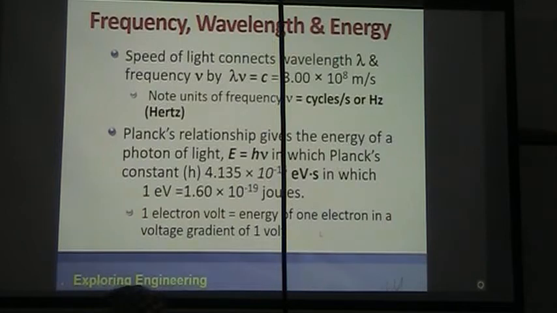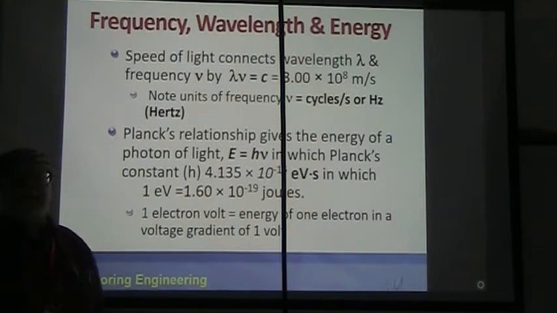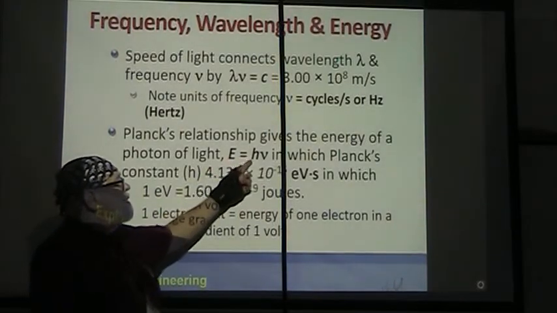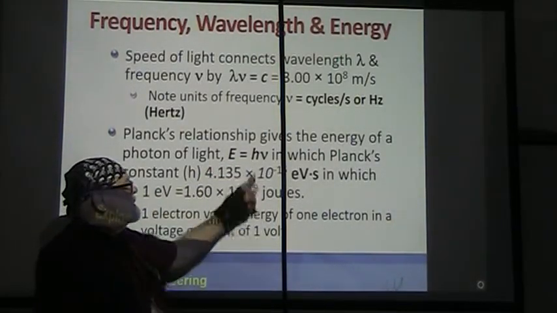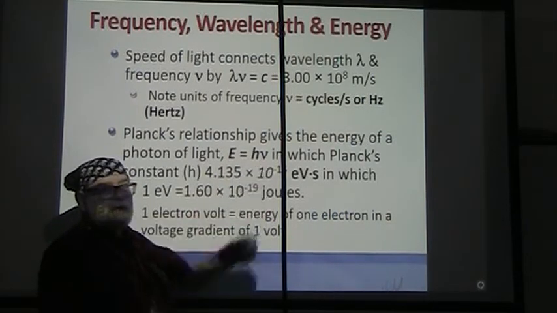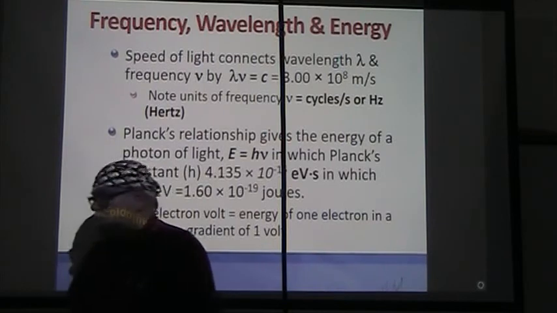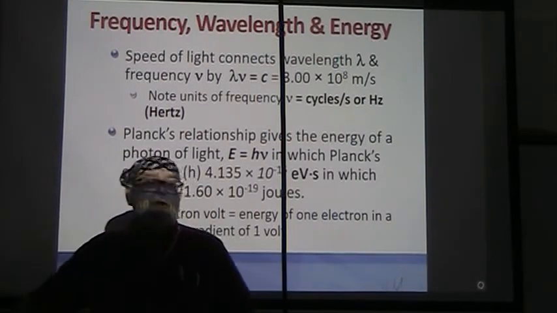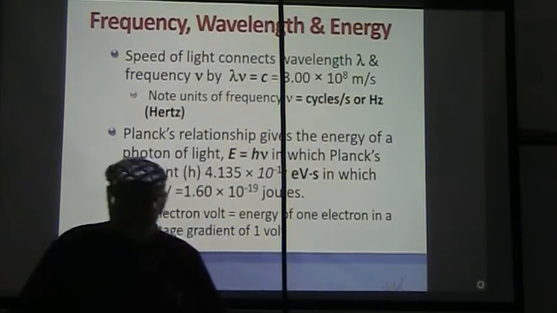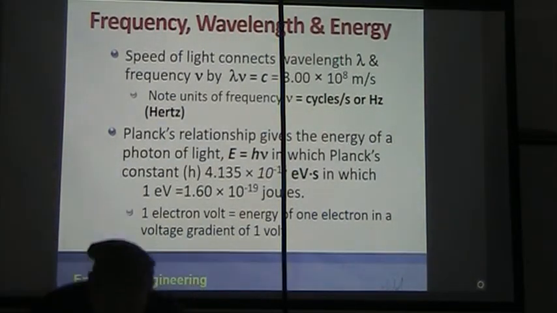All right, now, a little physics joke. If you ask a physicist what's new, he may say E over H, right? Because obviously if we divide both sides by H, it's equal to nu. That's a very old physics joke.